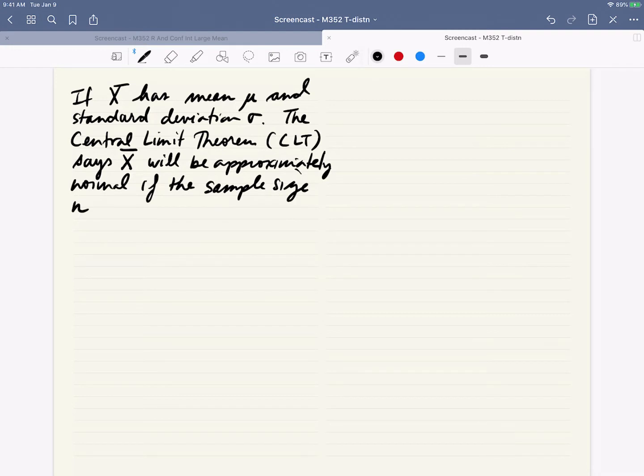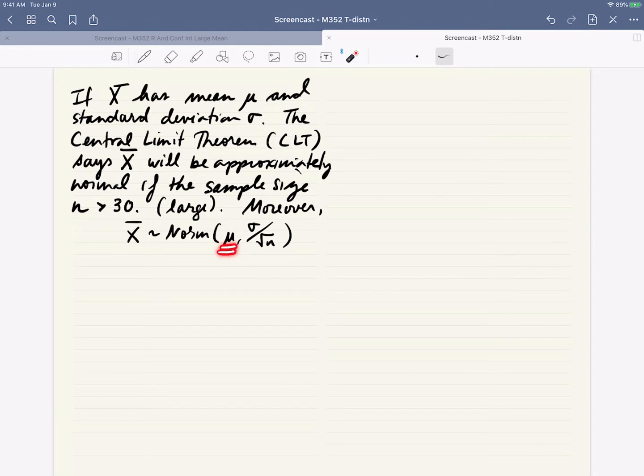So say n is bigger than 30. This is what we mean by large. Moreover, the central limit theorem says the sample mean will be approximately normally distributed with mean mu and standard deviation sigma over the square root of the sample size.